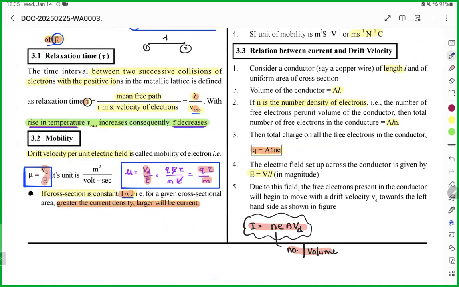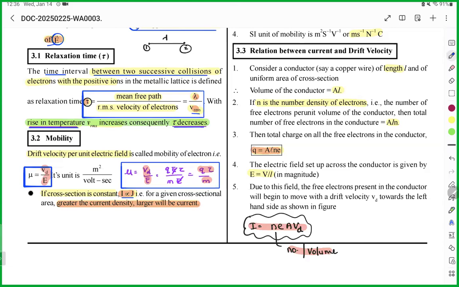No, sir. Okay. Relaxation time, as we already discussed, is the time interval between two successive collisions. If there is one collision and a second collision, the time gap between these two collisions is tau, the relaxation time. This is also important in the mean free path in the kinetic theory of gas.